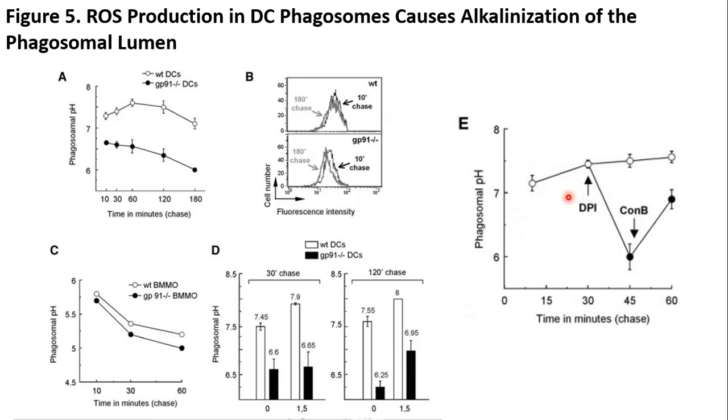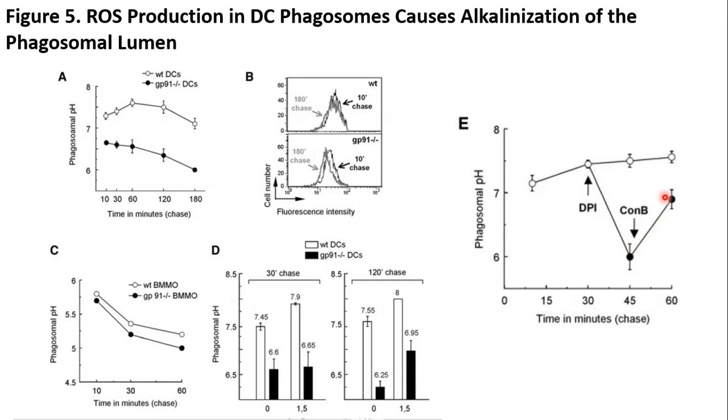And here you can see the DPI, they blocked NOX2 with DPI in wild-type DCs, and we can see the pH really go down, really acidify.